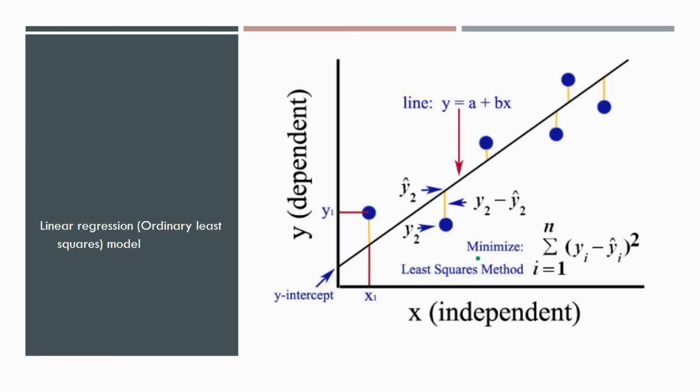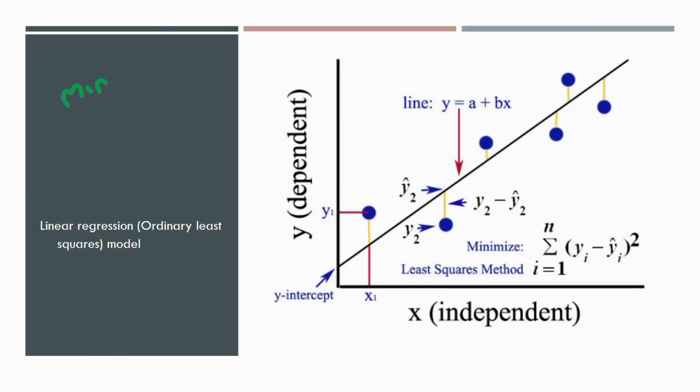We are minimizing the error, y minus y dash squared, and we are finding W and C. So how to represent it?